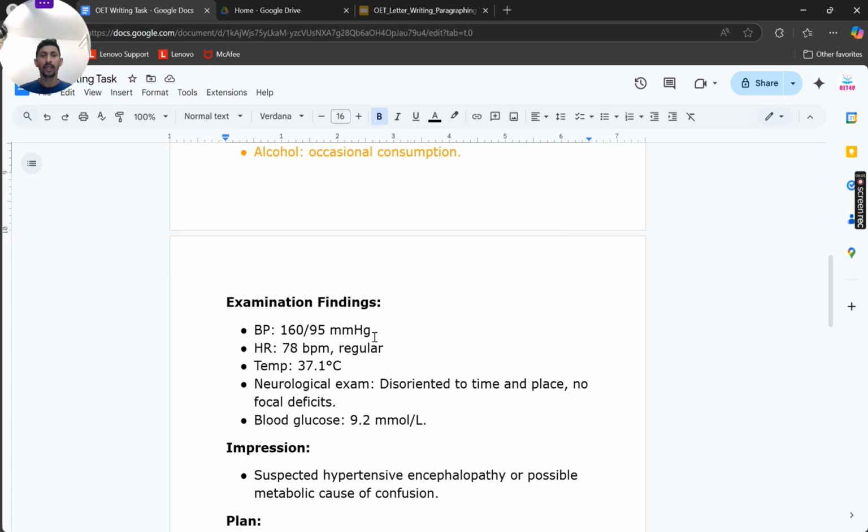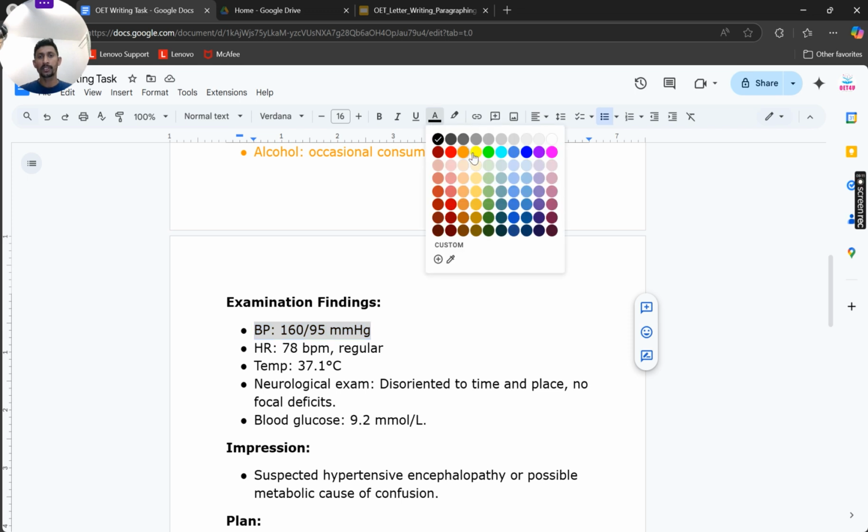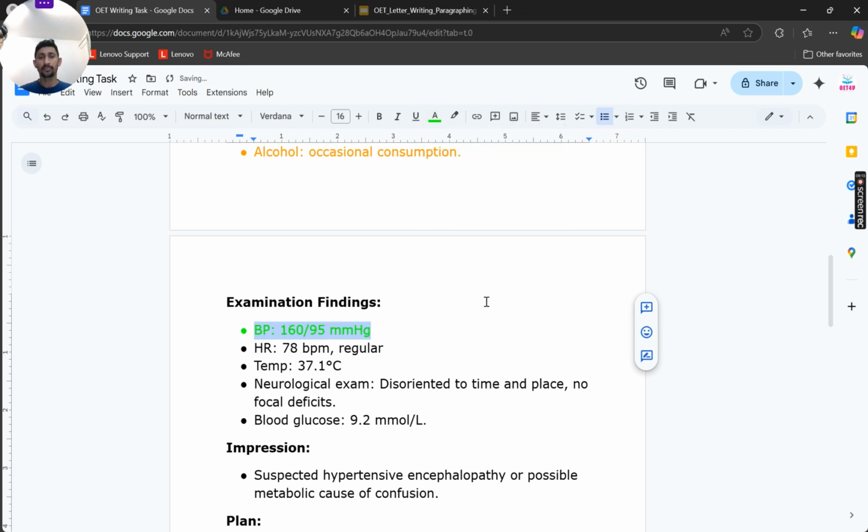Blood pressure, yes, because we already talked about hypertension, so you can say that is an abnormal blood pressure, so we can put it as relevant information. And heart rate 78 beats per minute. Do you think, because most of the things are normal, that this is going to be irrelevant?